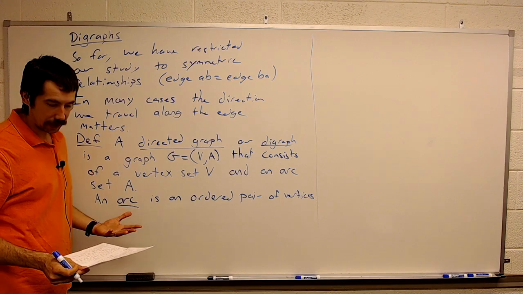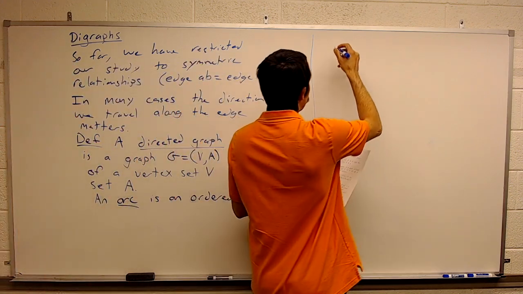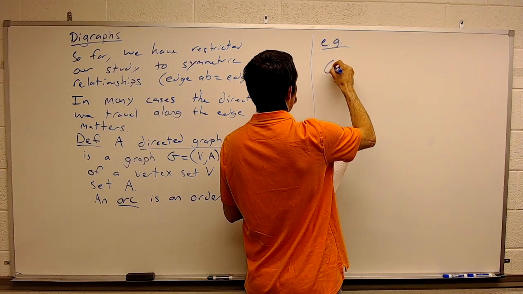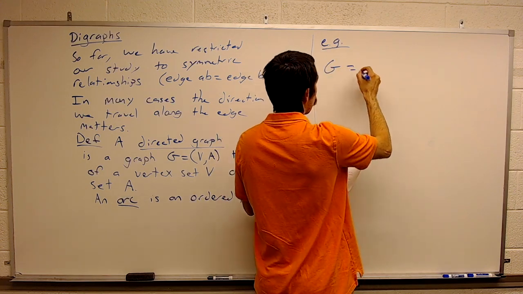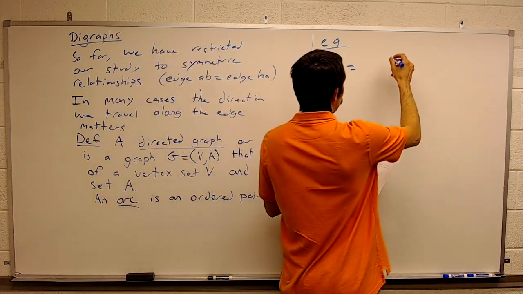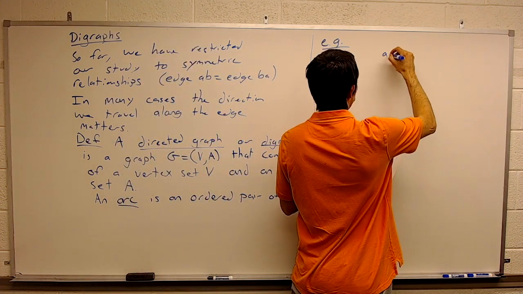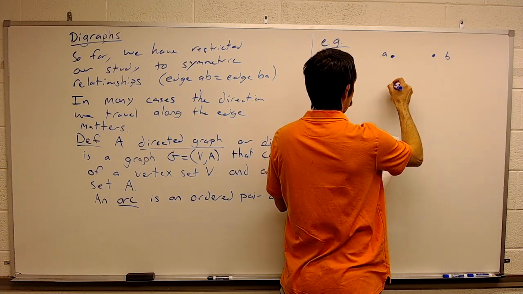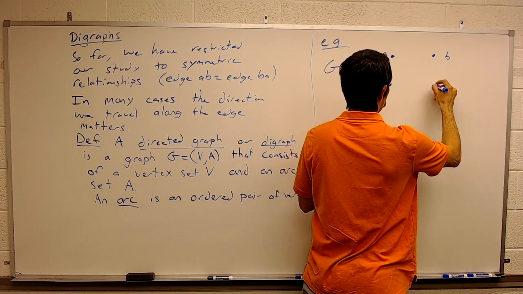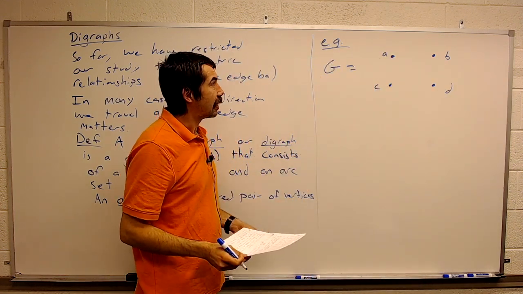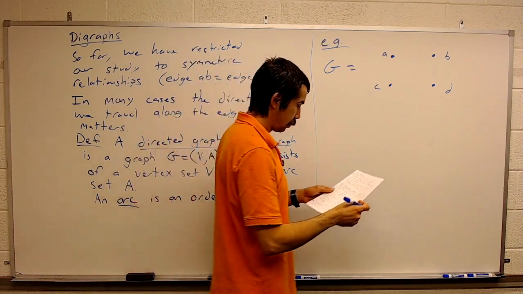All right, so let me give you an example. All right, so let me give you a directed graph here. We're going to have 4 vertices. So ABCD is our vertex set.